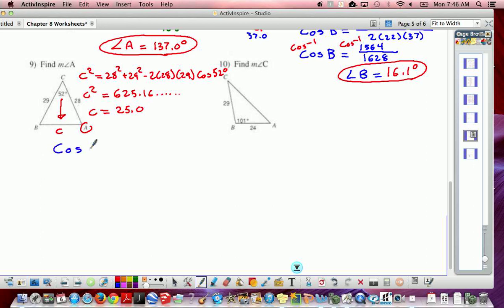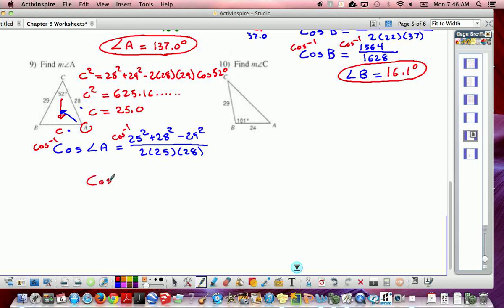So now I want to find angle A. Cosine of angle A is equal to the two sides that make up the angle, so 25 squared plus 28 squared minus the side across from the angle, 29 squared, all over 2 times the two sides that make up the angle I'm looking for.